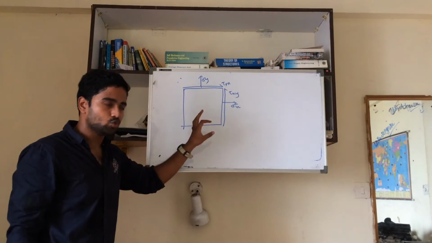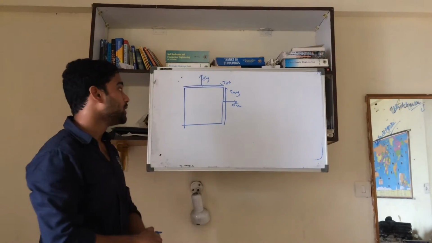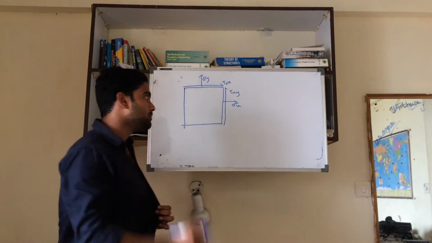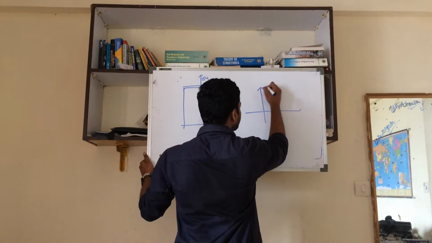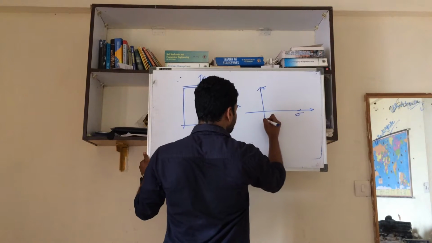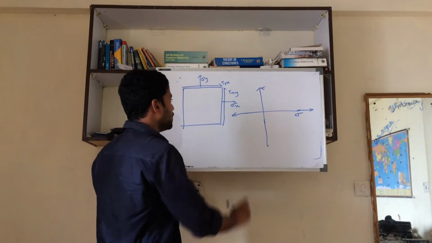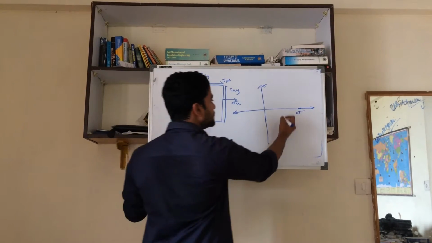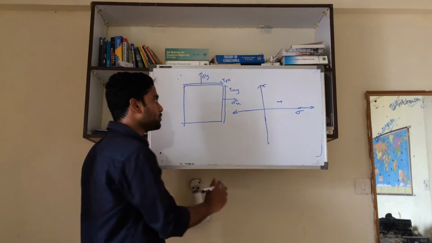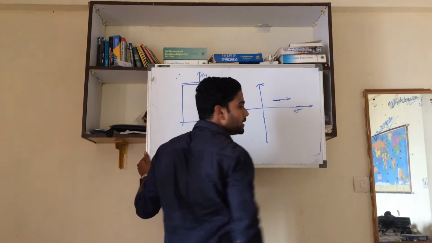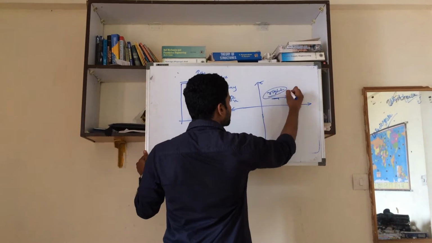So if you know these 2 points, that is, sigma x and tau xy, and sigma y and tau yx, the sign conventions are very important over here. Let me say this is the tau axis, this is the sigma axis. If sigma is positive, if it is in tension, for tension it is taken as positive, so the point will be represented on the right side of the tau axis.